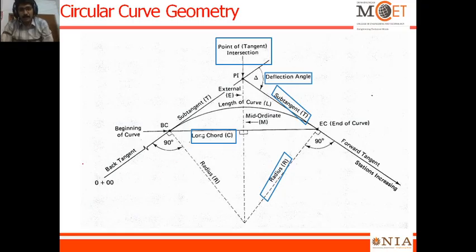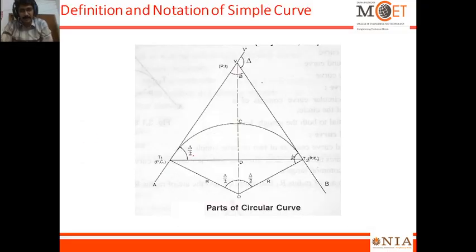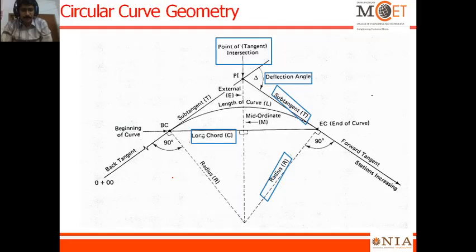And you have to remember the back tangent. Here it is A, here it is B. The A portion, that tangent, is called the back tangent, and this is the beginning of the curve, or the point of the curve. And this is the subtangent or the forward tangent.